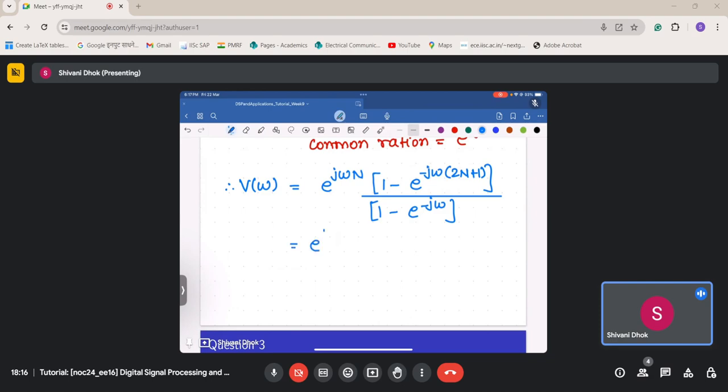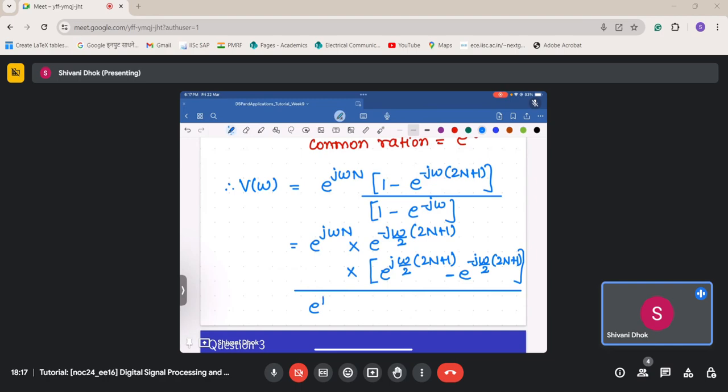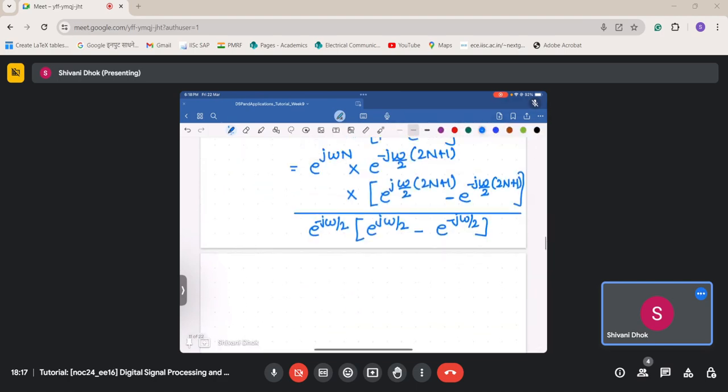What I have is e power j omega N multiplied by e power minus j omega by 2 into (2N plus 1), multiplied by e power j omega by 2 into (2N plus 1) minus e power minus j omega by 2 into (2N plus 1), whole divided by, I can take out e power minus j omega by 2 outside, then e power j omega by 2 minus e power minus j omega by 2.